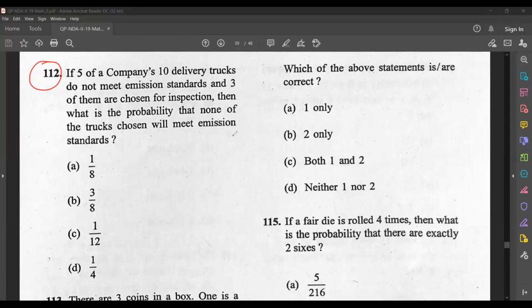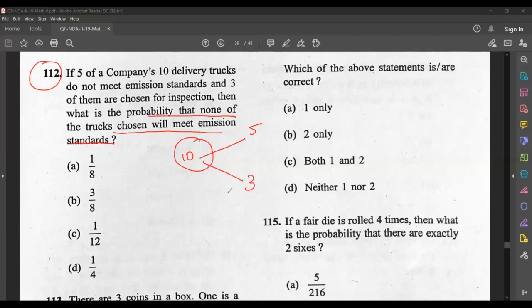Very simple question. So totally how many trucks are there? 10. Out of that, 5 do not meet emission standards. 3 are chosen for inspection. You have to check the probability that none of the trucks chosen will meet emission standards.